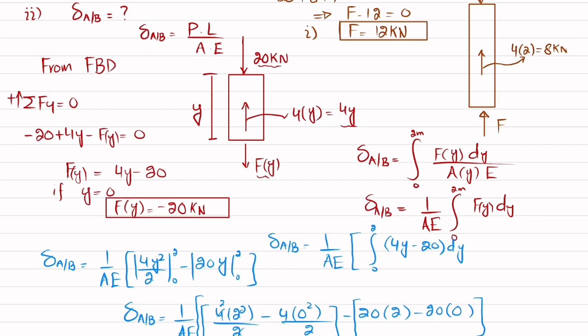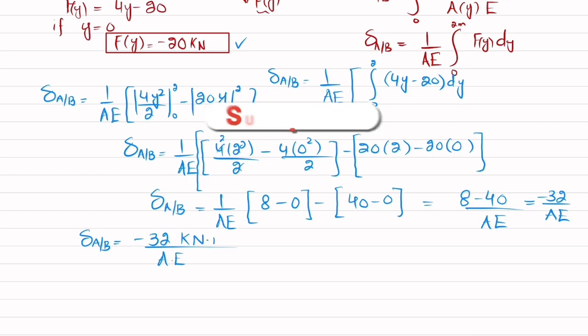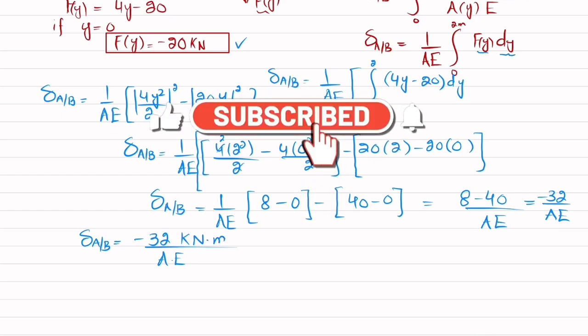Now you can see the unit of force is kilonewton. So this displacement of point A with respect to B is minus 32 kilonewton divided by this A into E. Okay. Kilonewton into meter, because this is Fy into this distance.